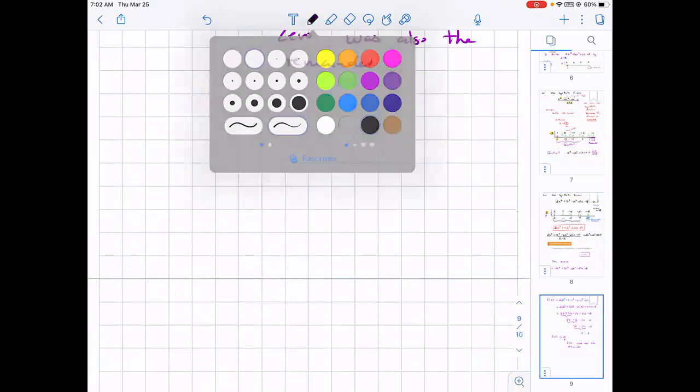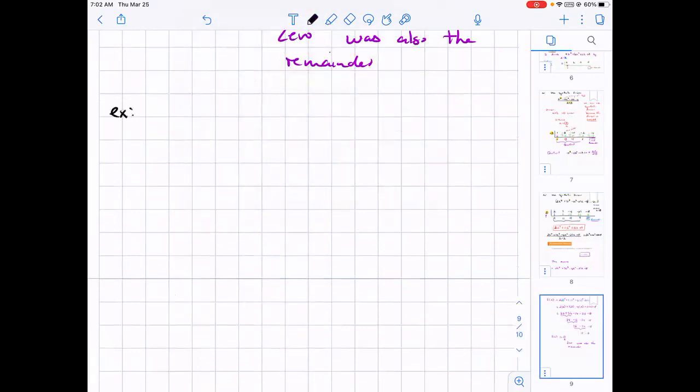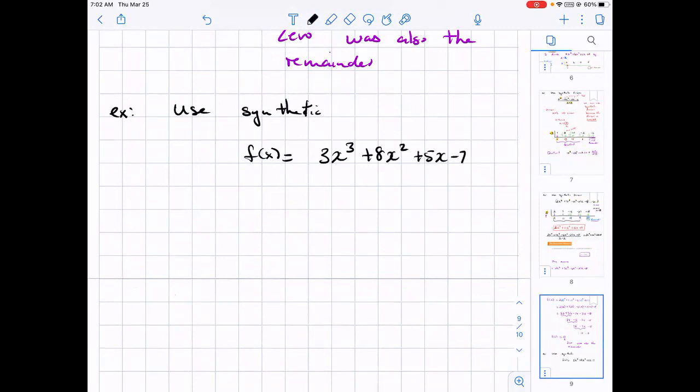Let's look at an example. Use synthetic division. So if we have f of x equal to 3x cubed plus 8x squared plus 5x minus 7, let's divide f of x by x plus 2.